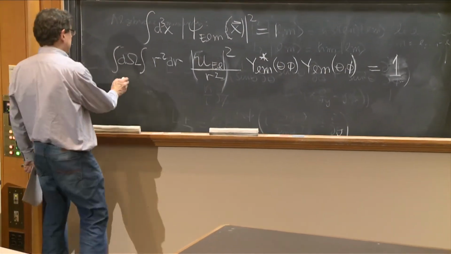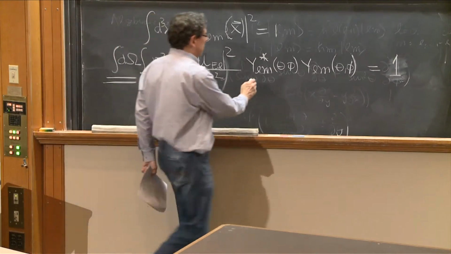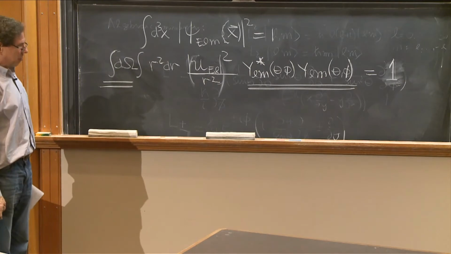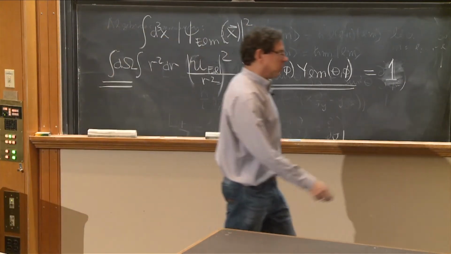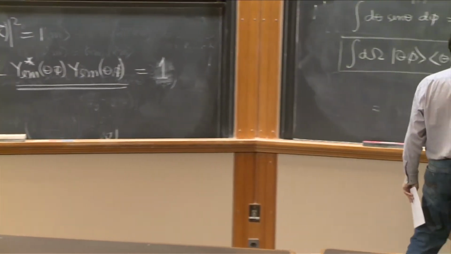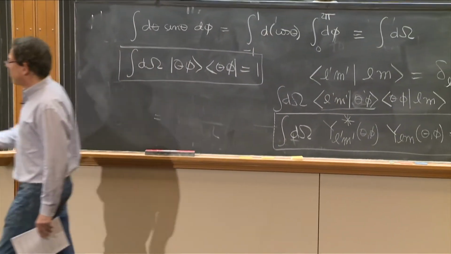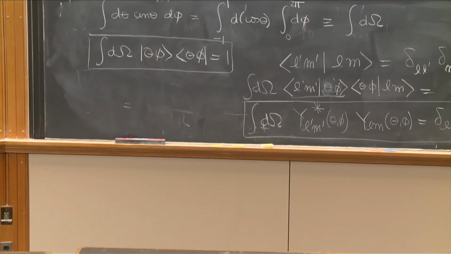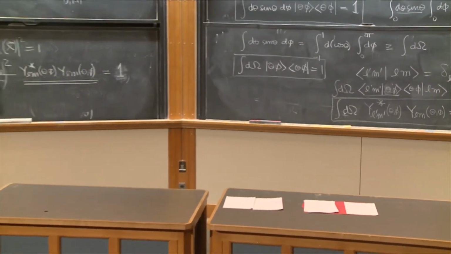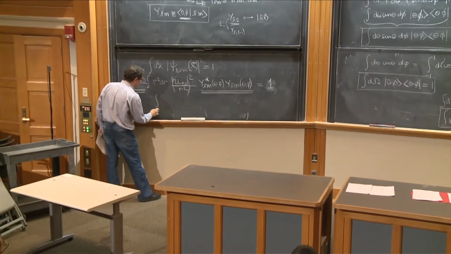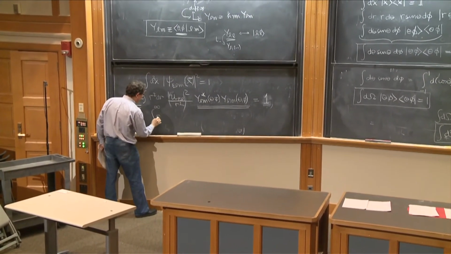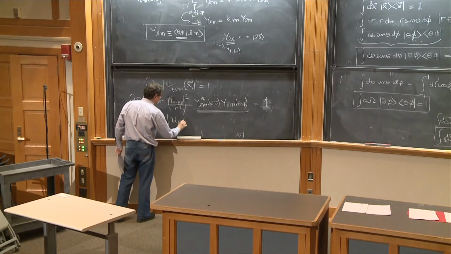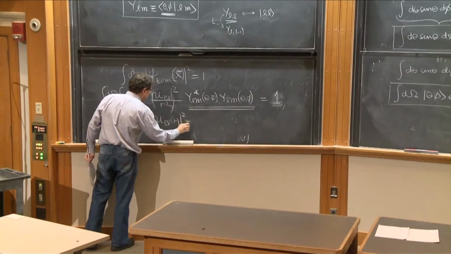Well, happily, this is why we needed to talk a little about spherical harmonics. This integral is 1 because it corresponds precisely to l equal l prime, m equal m prime. And look how lucky or nice this is. r squared cancels with r squared, so the final condition is the integral from 0 to infinity dr of u_l of r squared is equal to 1.